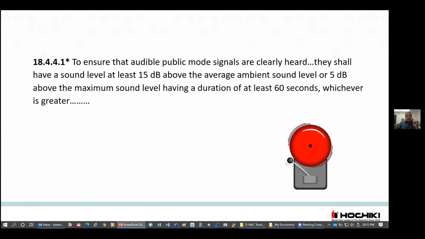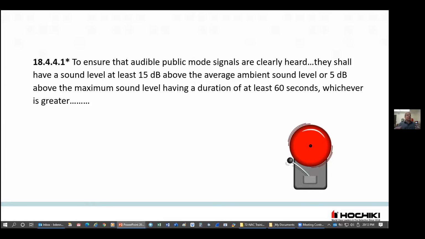Chapter 18.4.1 tells us that in order to be sure that the signals are clearly heard, we're talking about bells or horns or something like that, they must have a sound level at least 15 decibels above the average ambient sound level, or 5 decibels above the maximum sound level, having a duration of at least 60 seconds.